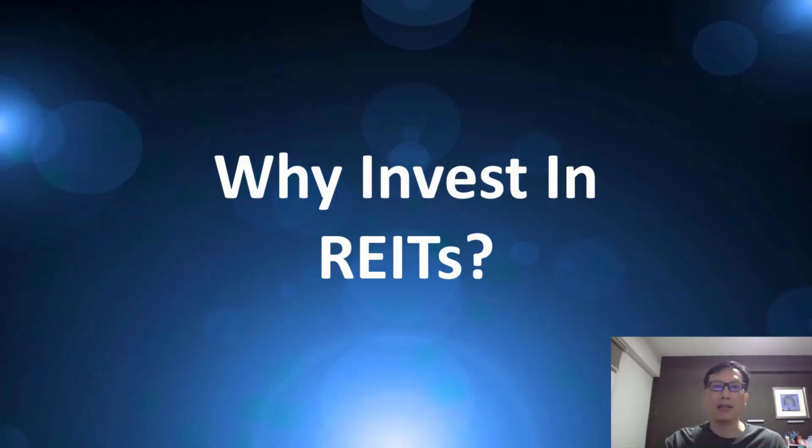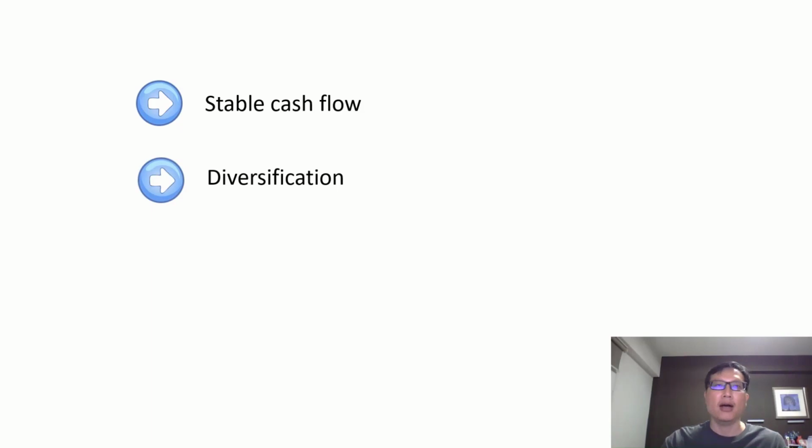What are some of the advantages of investing in REITs? REITs can offer stable cash flow by way of regular dividends, and the yield tends to be higher than a typical company stock. And unlike owning a single property as an individual owner, buying a REIT allows you to own a diversified portfolio of underlying assets.